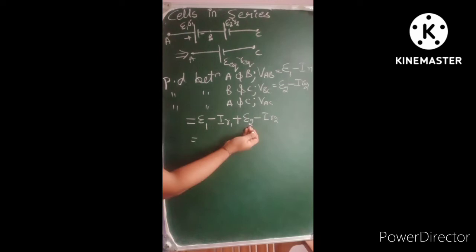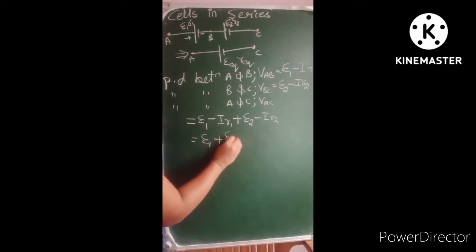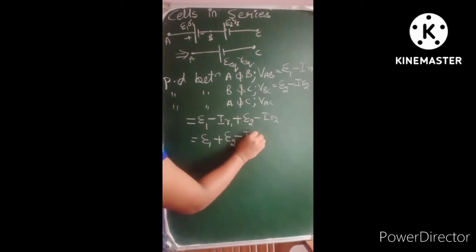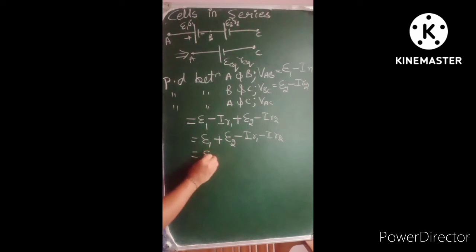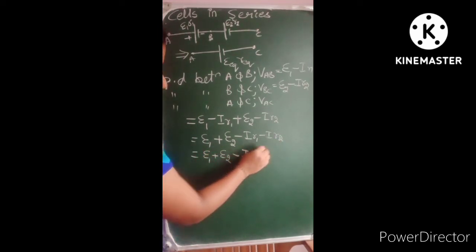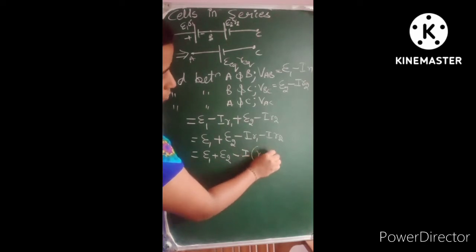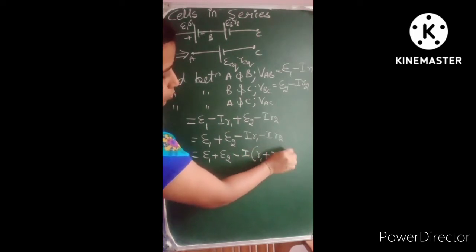Now we rearrange the terms. You'll get E1 plus E2 minus IR1 minus IR2. This can be written as E1 plus E2 minus I times R1 plus R2, taking I common.